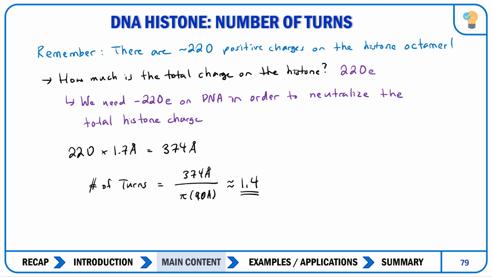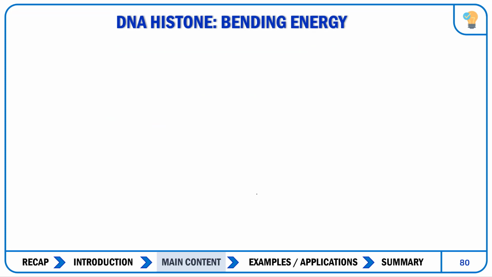So this is just an example of how a simple model can give us pretty powerful predictions. So the next few slides basically have to do with presenting more models for different types of energy, as well as free energy change for the models that we have presented, specifically our DNA histone complex.